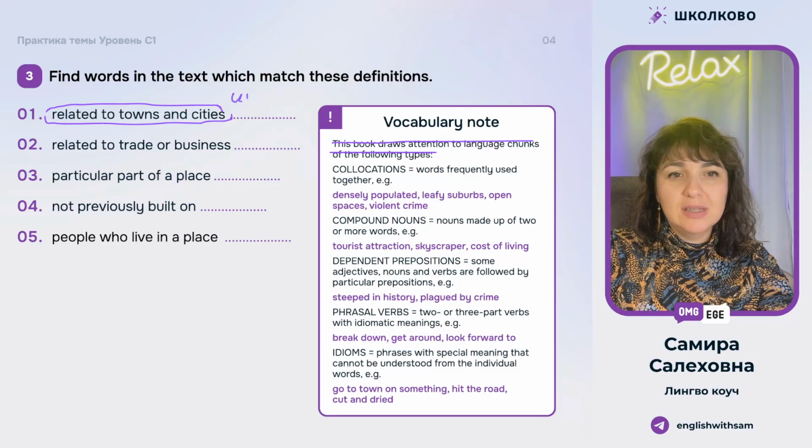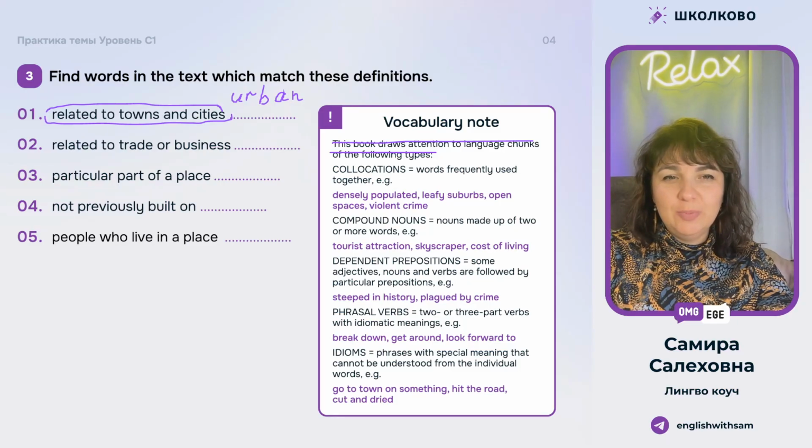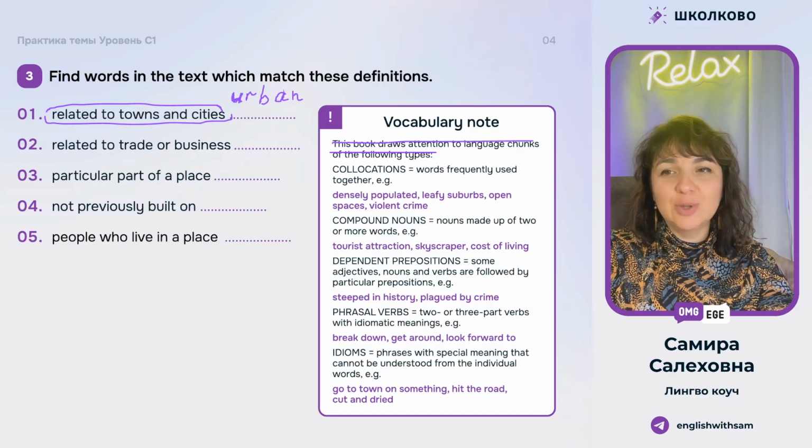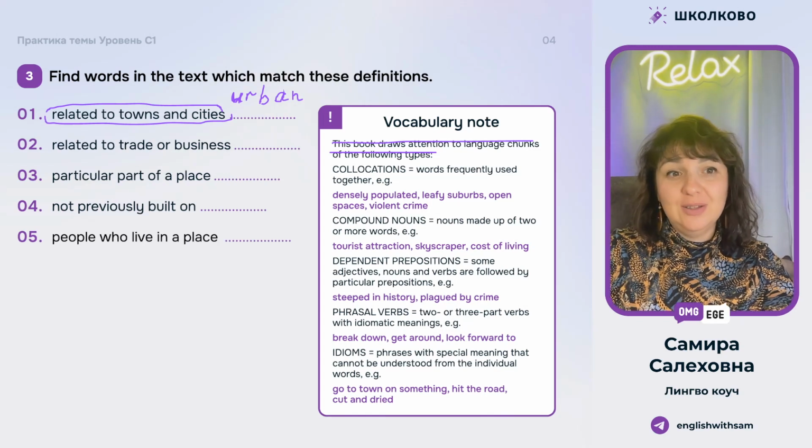So it is what? It is urban, right? Urban. So I'm sure you remember we have urban and rural. So rural related to countryside, to the countryside.